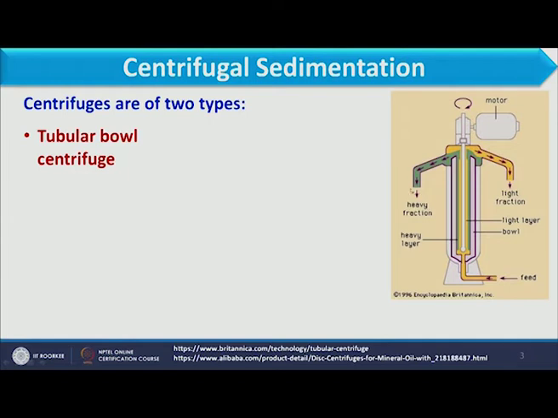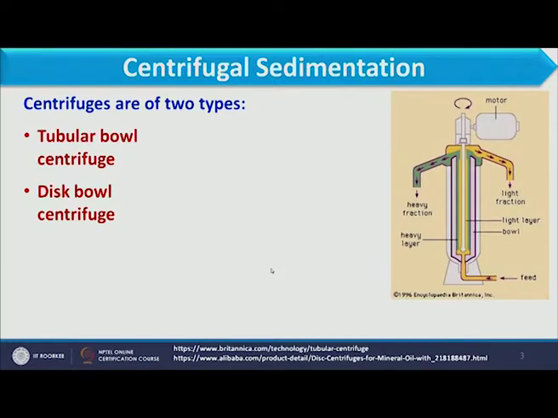So, both the heavier fraction as well as the lighter fraction are collected. Here the feed enters from the bottom. Usually in normal gravity sedimentation, feed enters from the top. Sometimes it enters from the bottom also in a sedimentation tank, but in the tubular bowl it always enters from the bottom. So, this is the tubular bowl centrifuge.